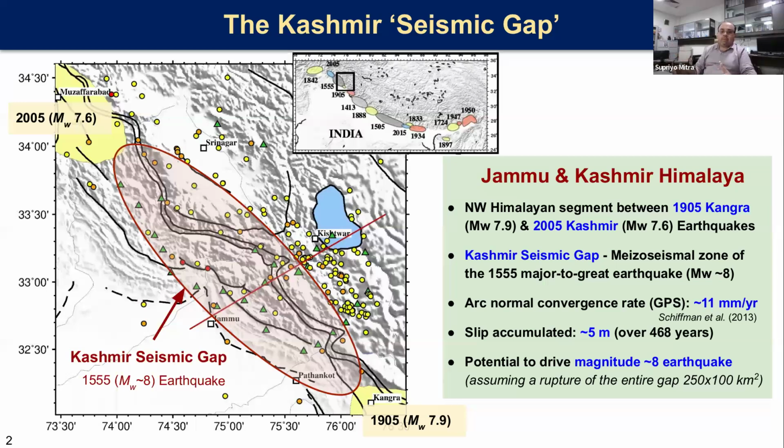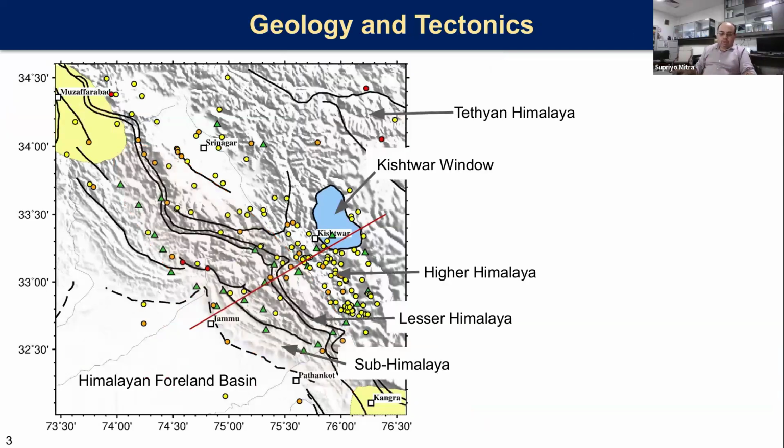So the current convergence of 11 millimeters per year has accumulated about 5 meters of slip over the last close to 468 years, and has the potential to drive a magnitude 8 earthquake if the entire seismic gap broke in a big earthquake. So this is the region that we wish to study.